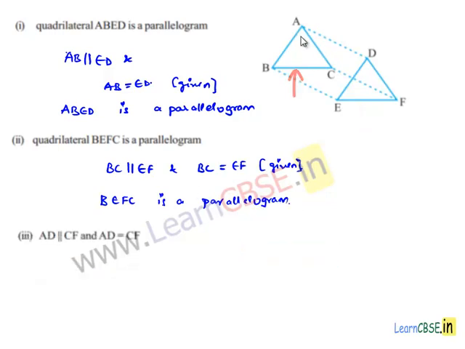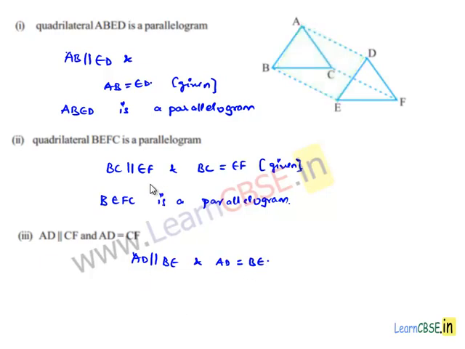Now initially we proved that ABED is a parallelogram, so we can say from that AD is parallel to BE and AD is equal to BE.